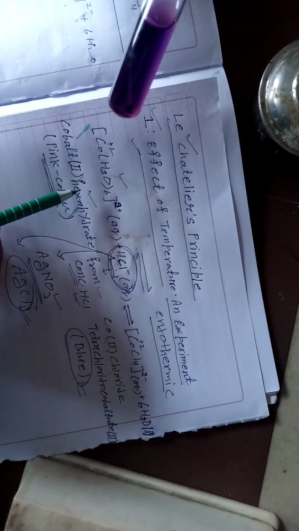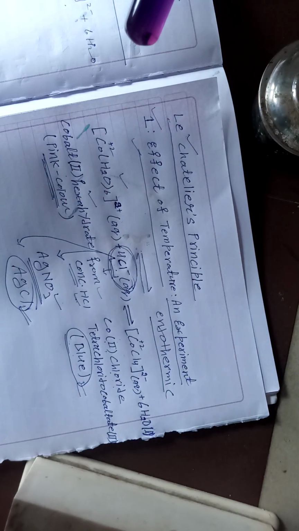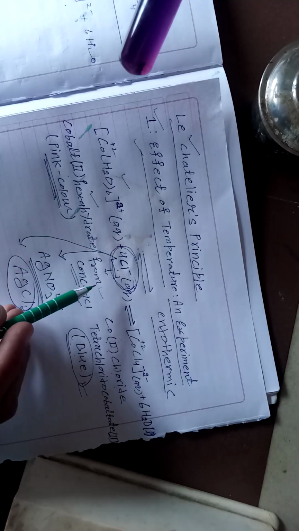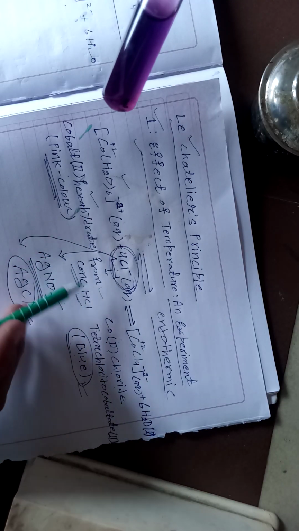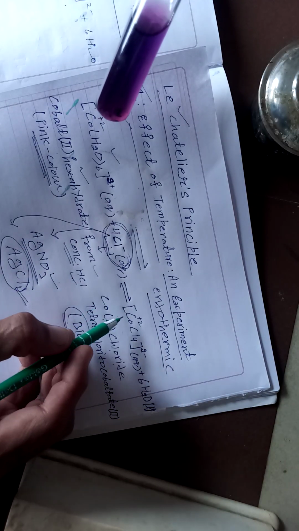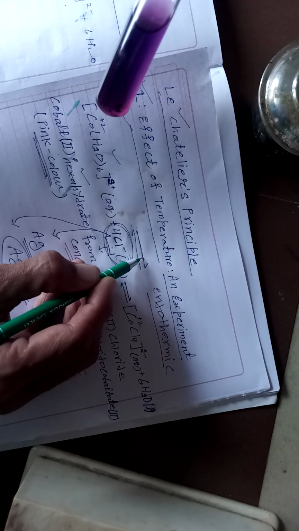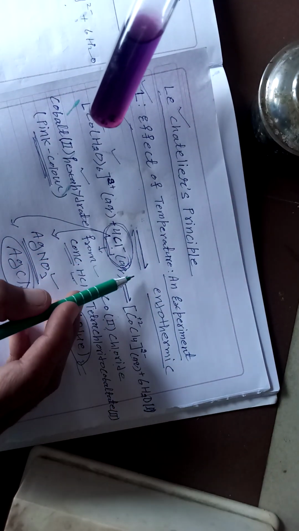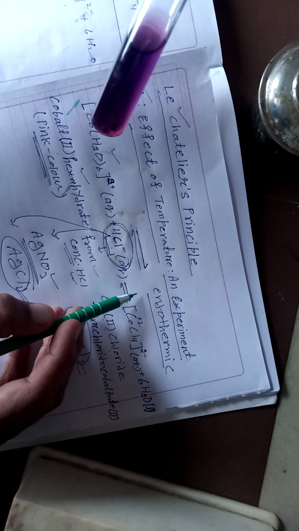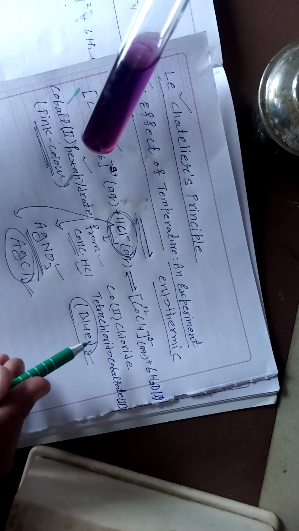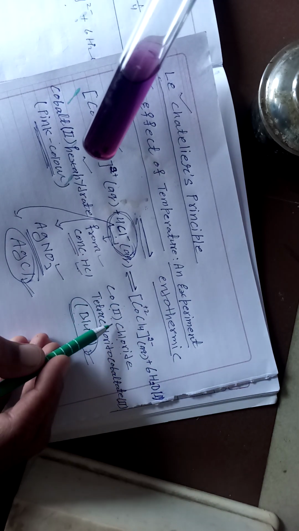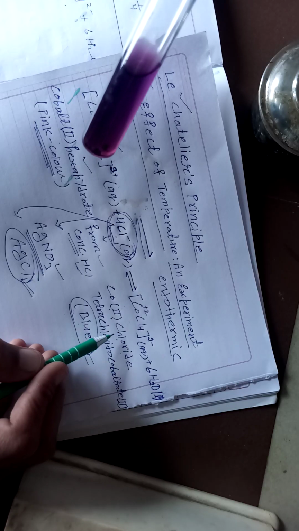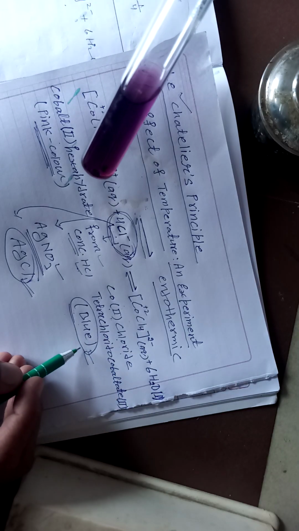So why does its color become blue? Because when we heated this cobalt(II) chloride hexahydrate with hydrochloric acid, our equilibrium shifted in the forward direction. When the equilibrium shifts in the forward direction, cobalt(II) chloride is formed, and its color is blue.